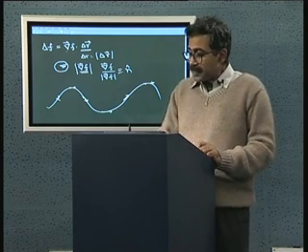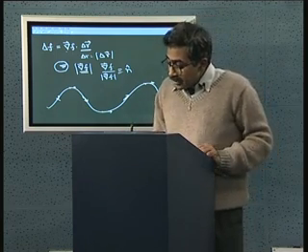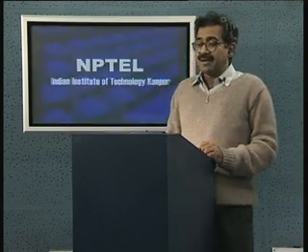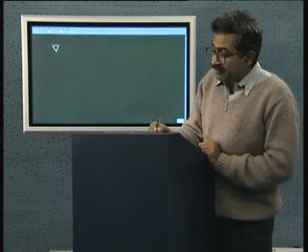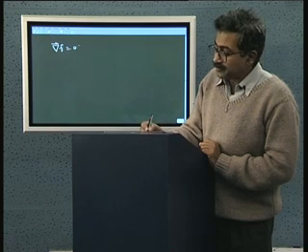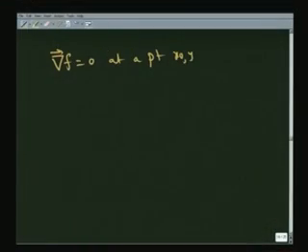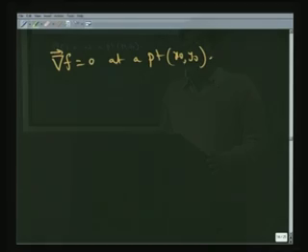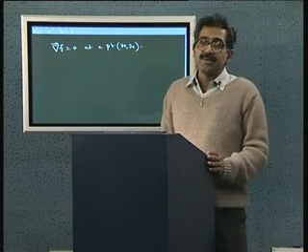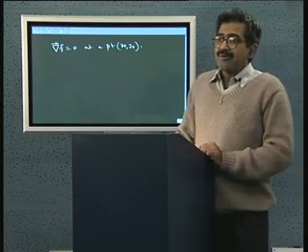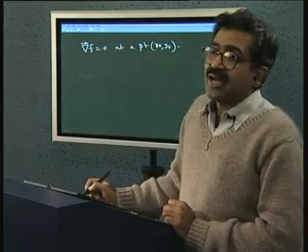In order to do that, let us look at a surface again and let us say that gradient f is equal to 0 at a point x0, y0. A nice question that we would like to ask is whether the function is minimal or maximal at that particular point. Well, the answer to that depends on a higher order derivative.